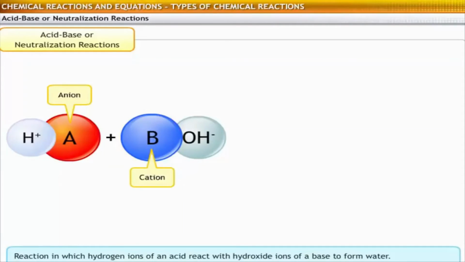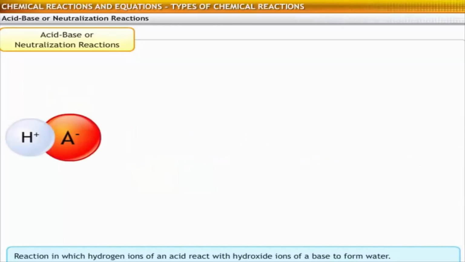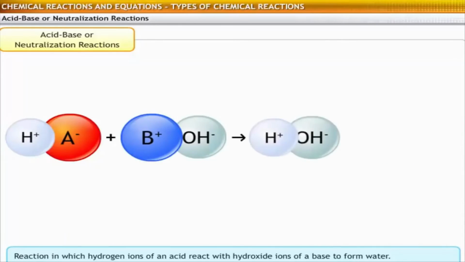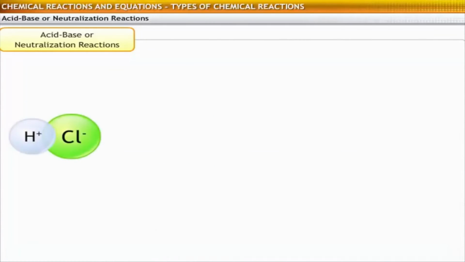In an acid-base reaction, the hydrogen ions of an acid react with the hydroxide ions of a base to form water. Therefore, in the general form of an acid-base equation, HA, an acid reacts with BOH, a base, to produce water and a salt, BA. An example of an acid-base reaction is the reaction between hydrochloric acid and sodium hydroxide.